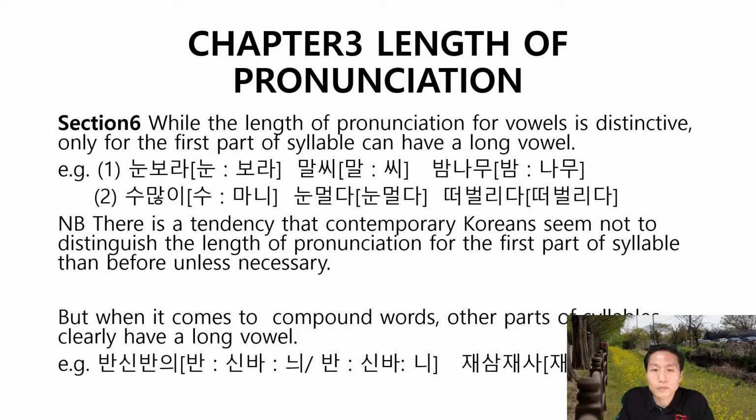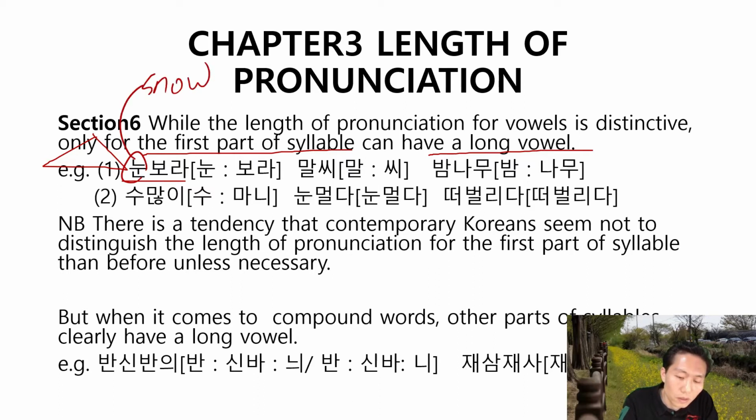Only for the first part of syllable, only the first syllable can have a long vowel. For example, look at this. 눈보라. 눈 means snow. 보라 means storm.